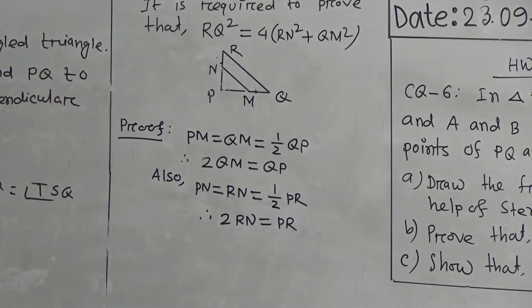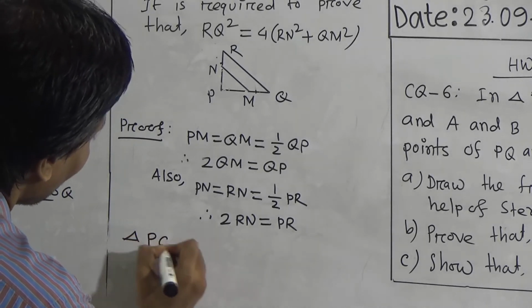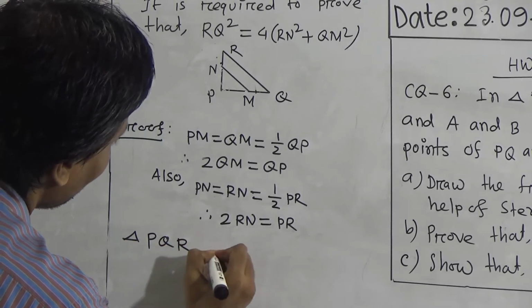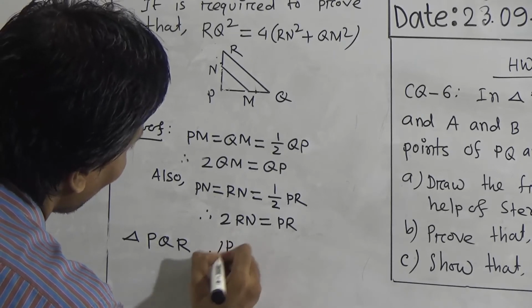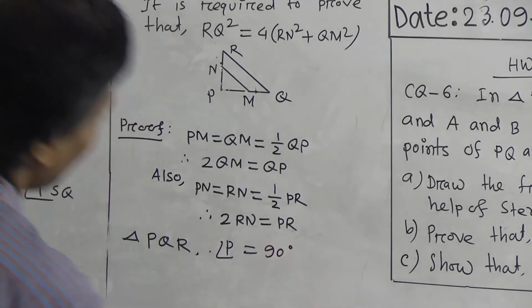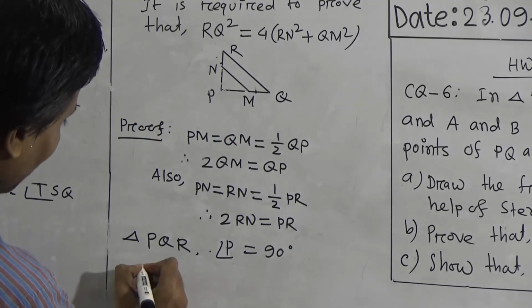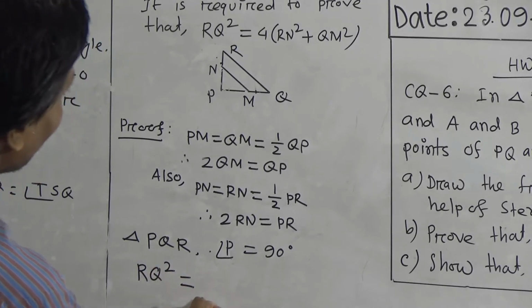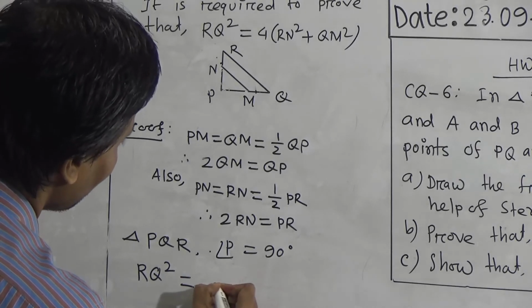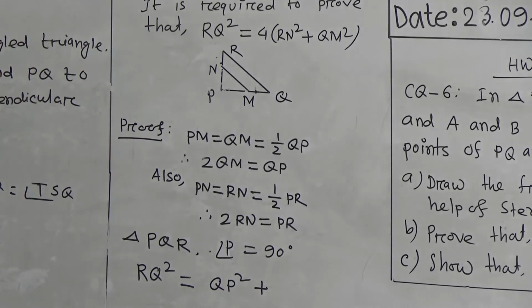Now, in triangle PQR, P equal to 90 degree. Therefore, we can write the Pythagoras formula: RQ square equal to PQ square or QP square plus PR square.